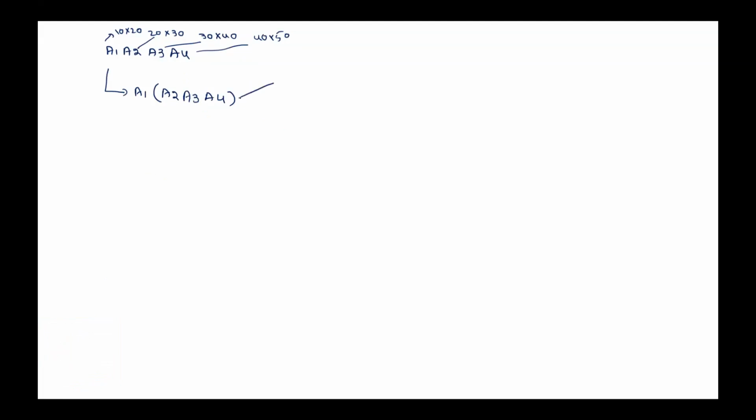So here again, we need to clearly mention how to multiply A2, A3, A4. As discussed earlier, first A2 we may multiply with A3, then multiply that with A4, then the final result we can multiply with A1. That is one way.